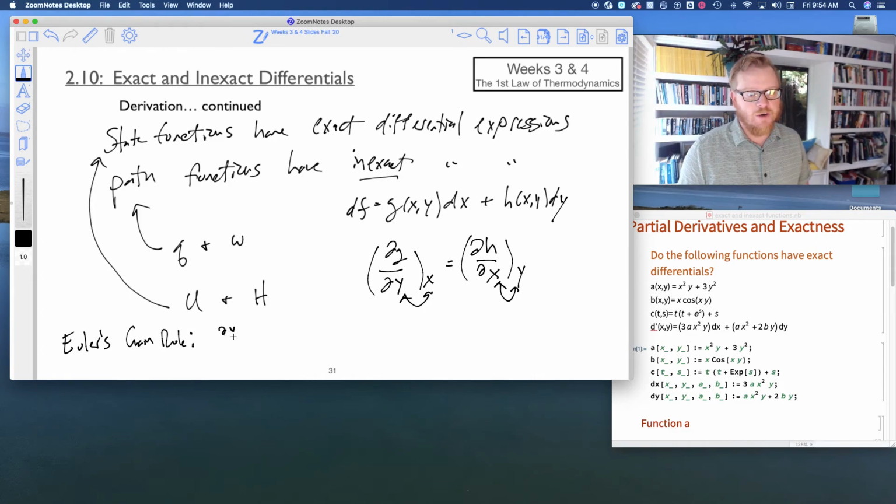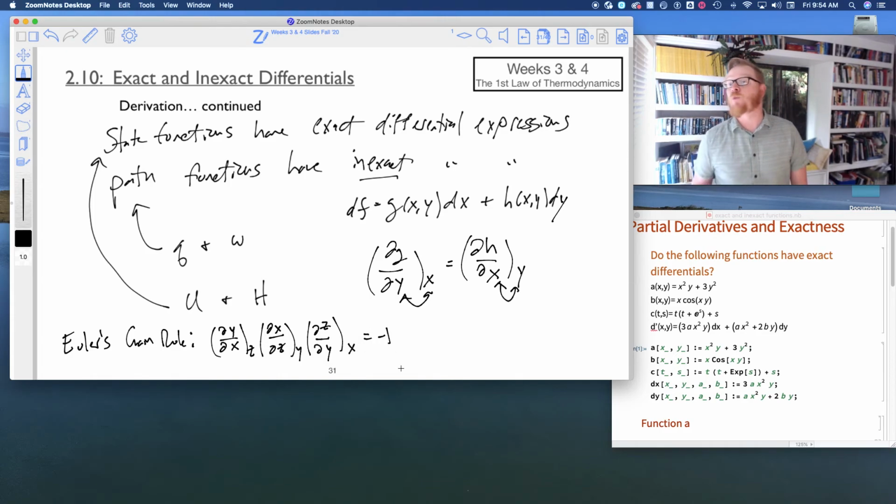And Euler's chain rule says in the case we have three variables, the partial of y with respect to x at constant z times the partial of x with respect to z at constant y times the partial of z with respect to y at constant x, all of that equals -1.